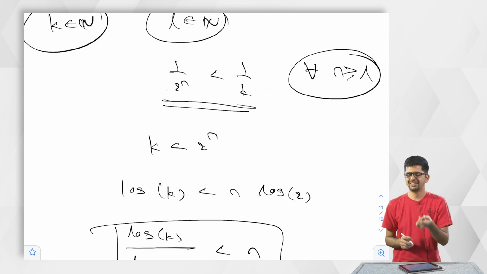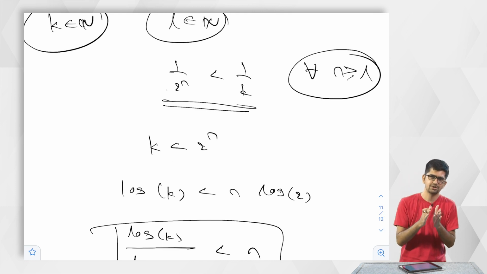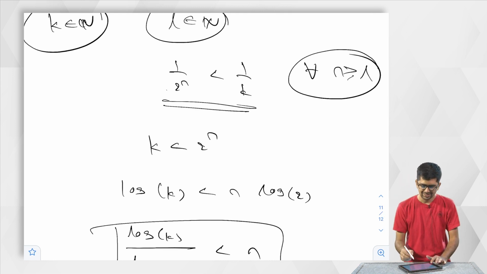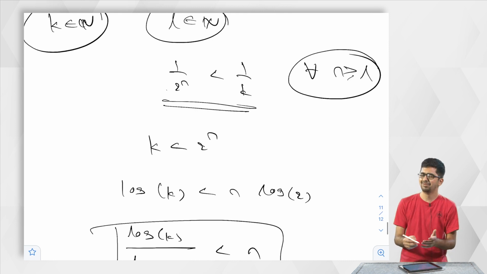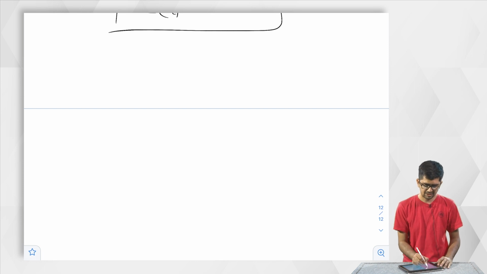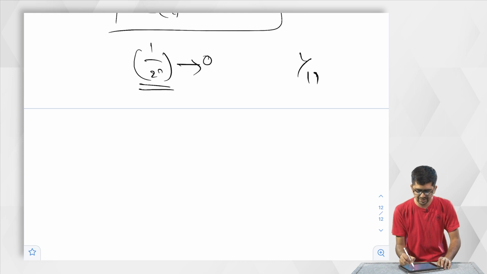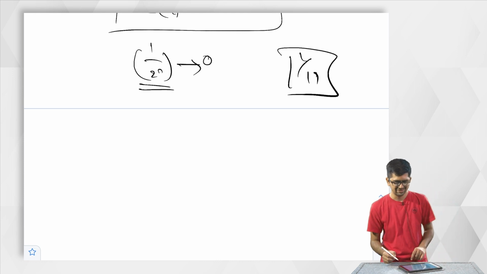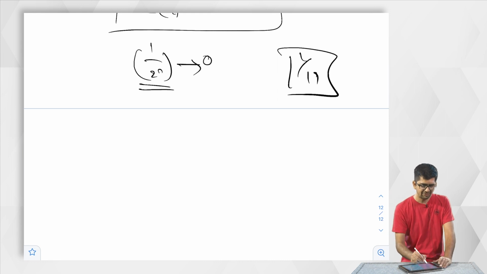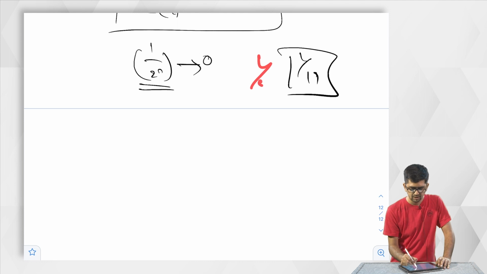So, for the sequence 1 by 2 power n, the bound is getting reduced at each step. Again the same idea as before, it says if at all this sequence is convergent, it should converge to the element 0. So, if it is convergent, it should converge to 0 only, because this cannot converge to 1 by 19, for the same reason that I mentioned before, because after a certain stage every element here is less than 1 by 29.